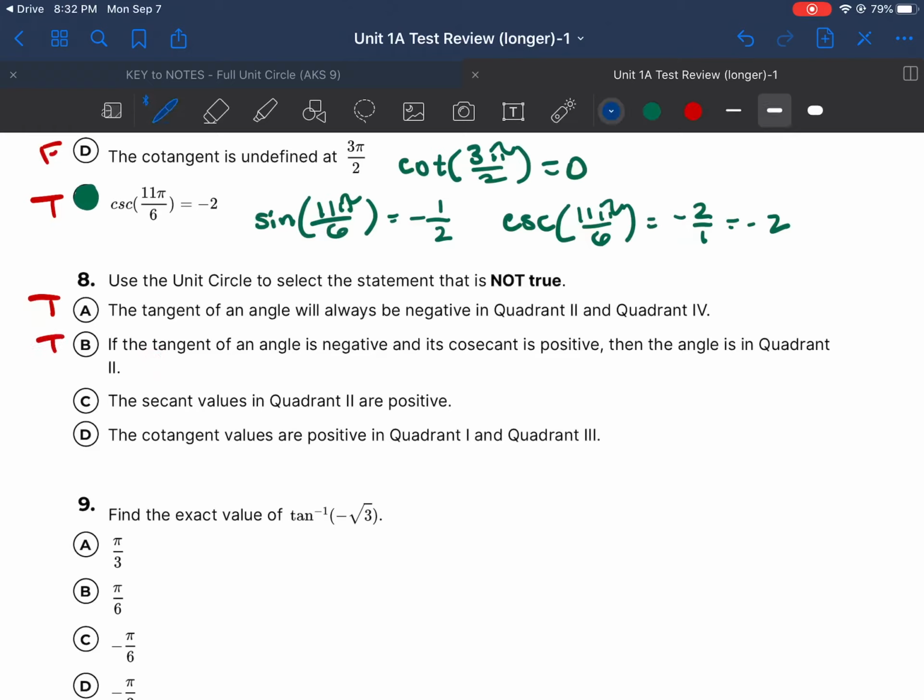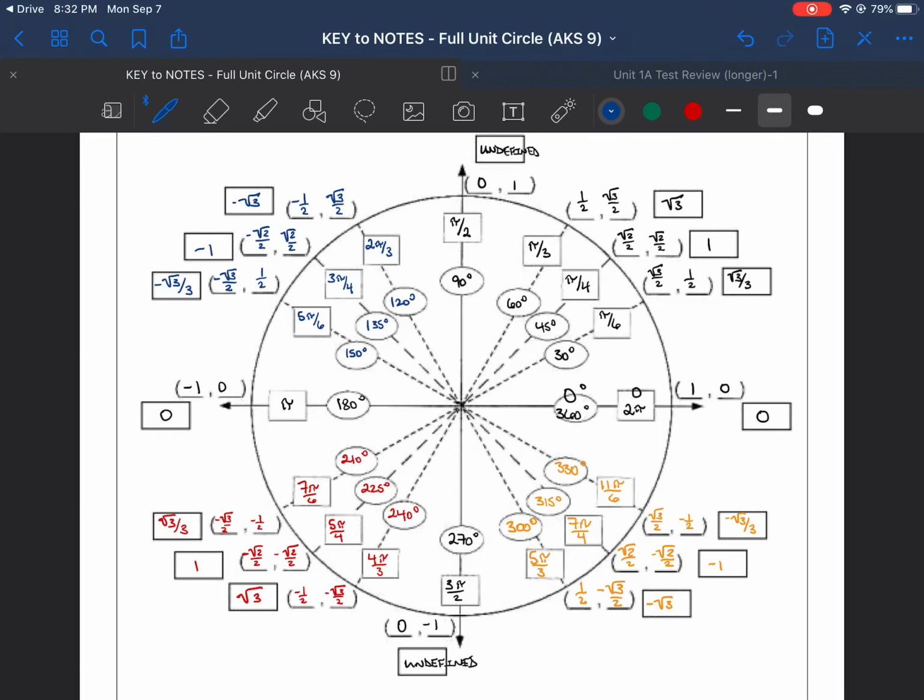Okay. Statement C, the secant values in quadrant 2 are positive. Well, let's think about this here. Secant is the reciprocal of the cosine. So if the cosine is positive, then the secant will also be positive, because secant is just the reciprocal of cosine.